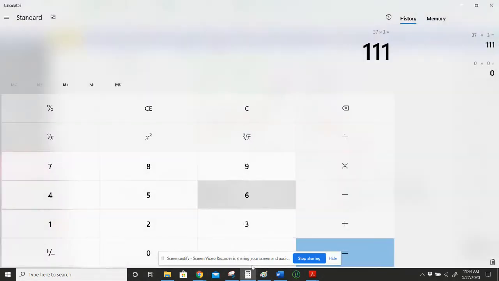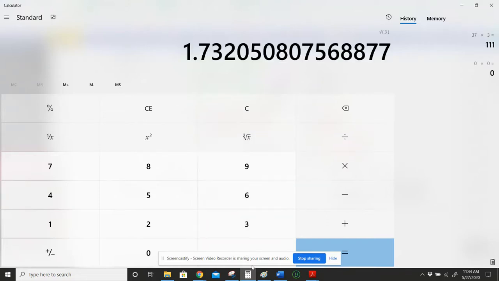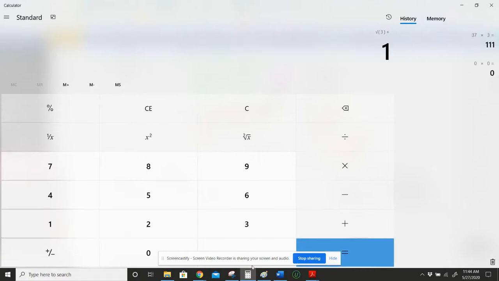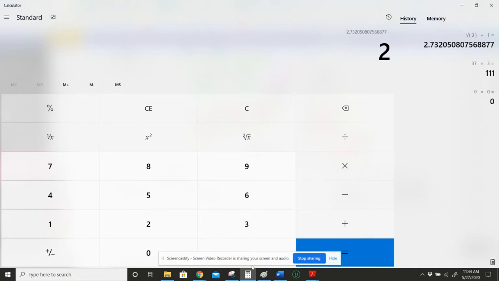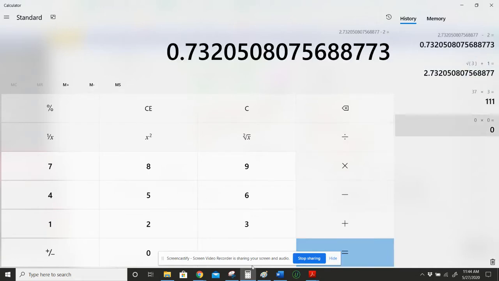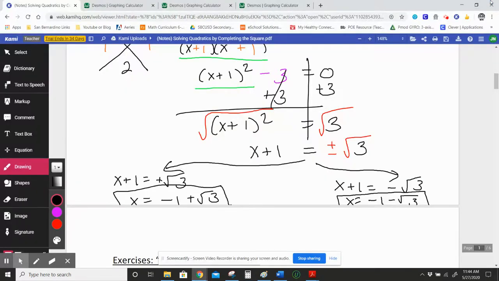When you pop the square root of 3 into the calculator, it is 1.73. So if I add 1 to that, that would be 2.73. And if I subtract 1 from that, I would get whatever other number you get originally. It was negative 1 minus square root of 3, right?